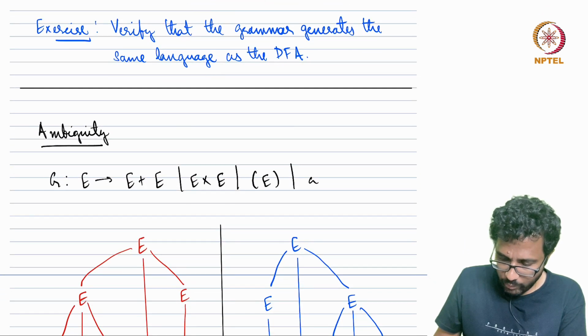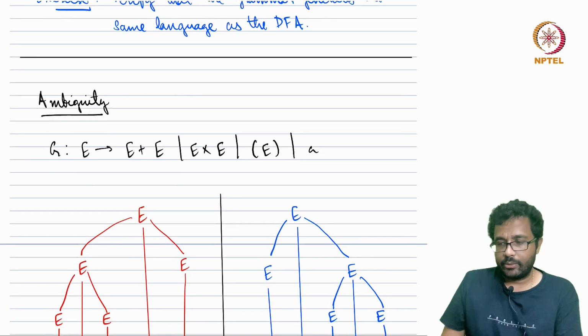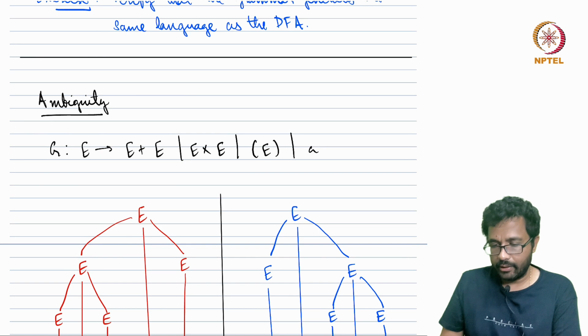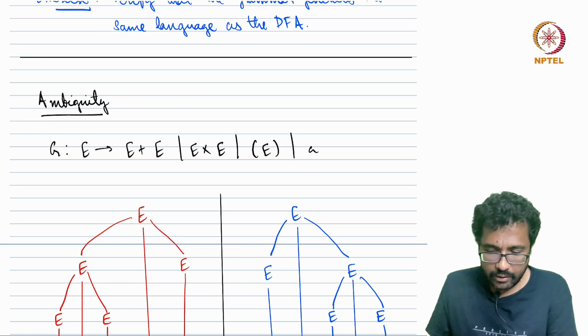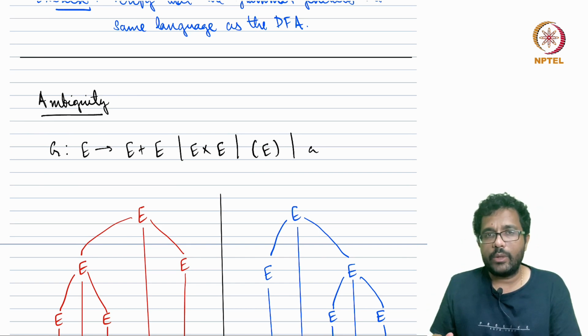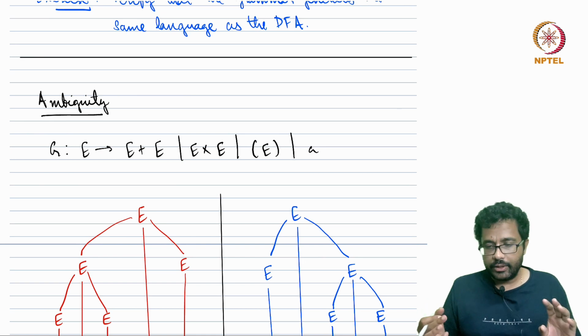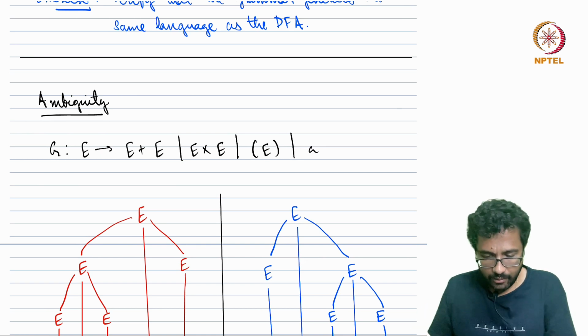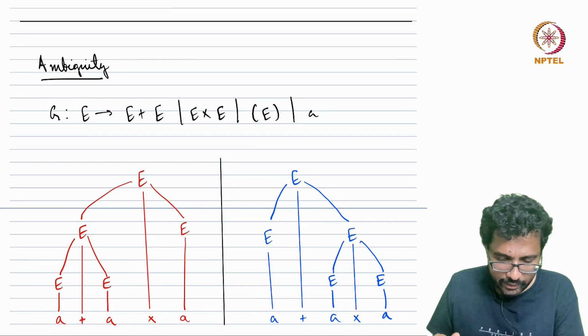Finally, there is one more small concept that I wanted to quickly talk about before closing the lecture. This is called ambiguity, which means confusion or uncertainty. Suppose we have a grammar like this.